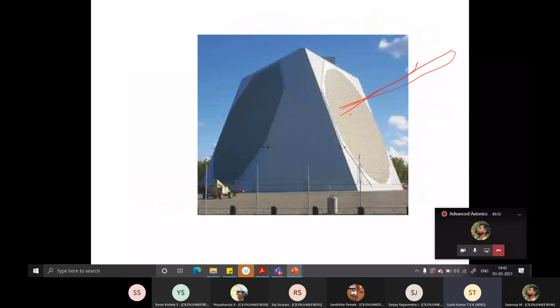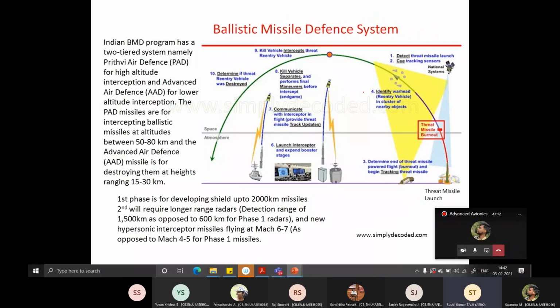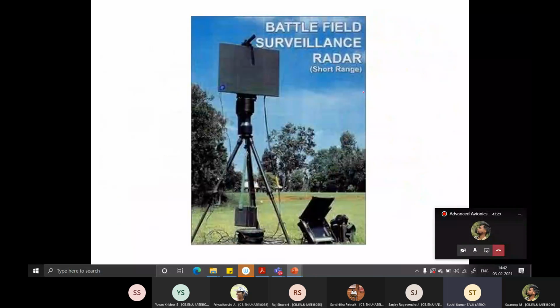Our own ballistic missile system also uses such phased array radars. I think they have deployed one system already in Delhi and Bombay. Then you'll have very small radars, battlefield surveillance radars, just very close to the border.